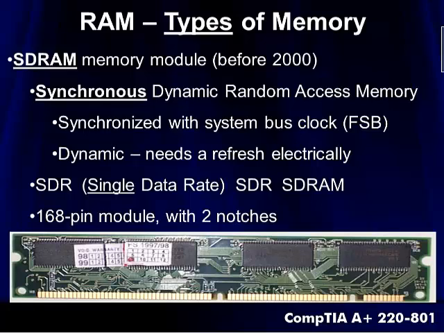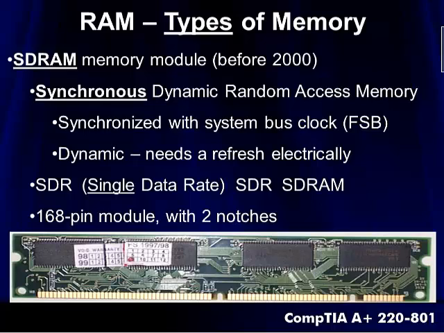Now these first memory modules were called SDR, single data rate. The single data rate is a one-to-one. SDRAM means it's single data rate, that's the SDR, synchronous dynamic random access memory. I know it's a boatload of acronyms, but you need to start with the concept of understanding that that first SDRAM, synchronous dynamic RAM, was a single data rate, and it matched with that front side bus.